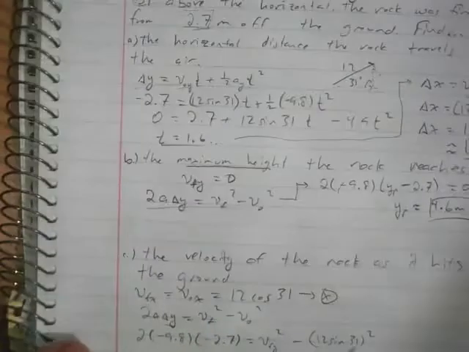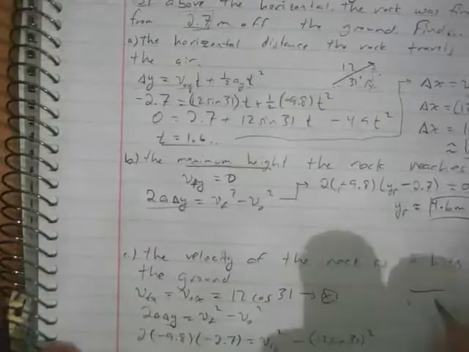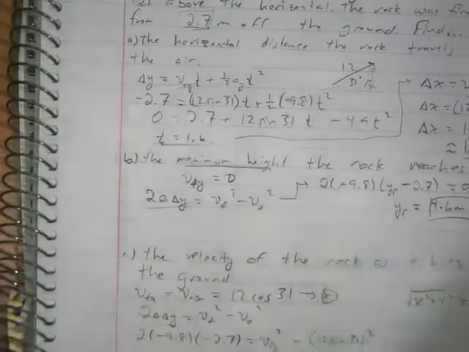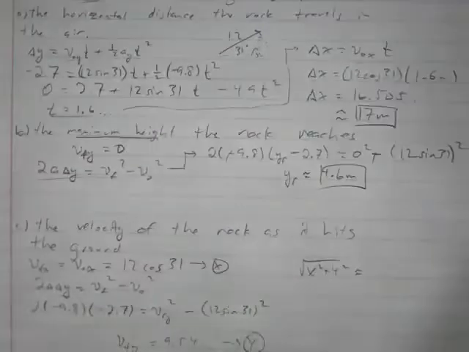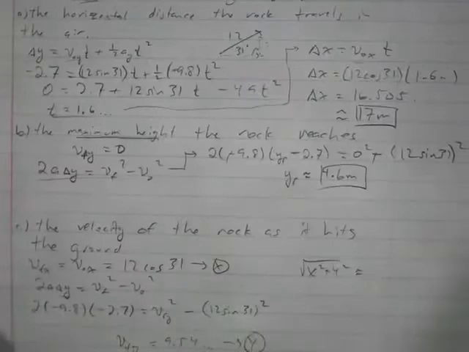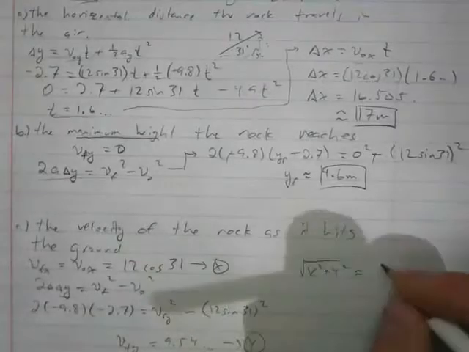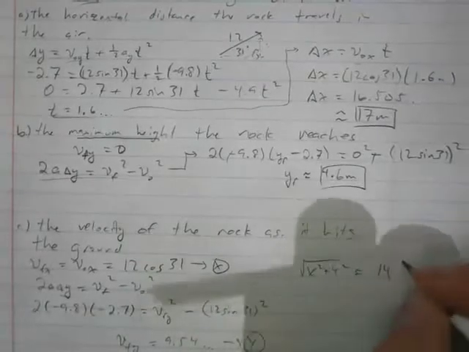And then, of course, once we have an x and a y component, to find the magnitude, we take the square root of the x component squared plus the y component squared, which comes out to about 2 sig figs 14 meters per second.